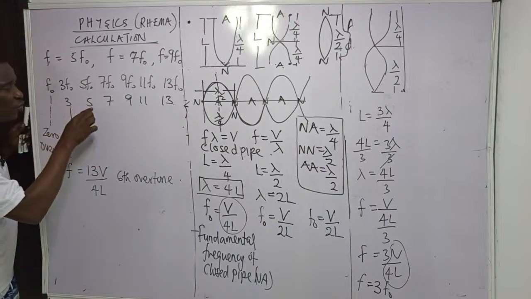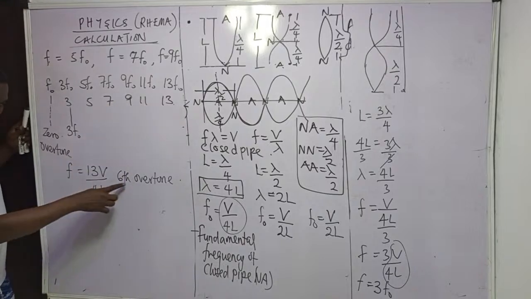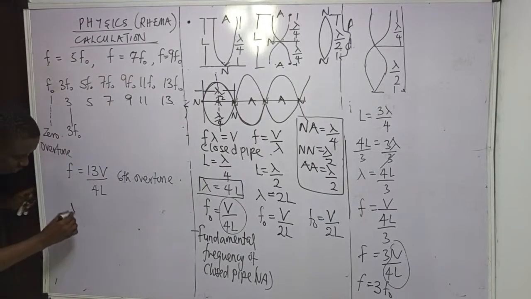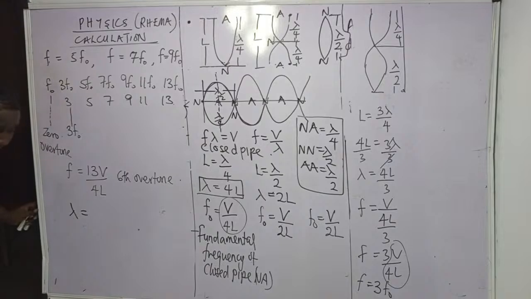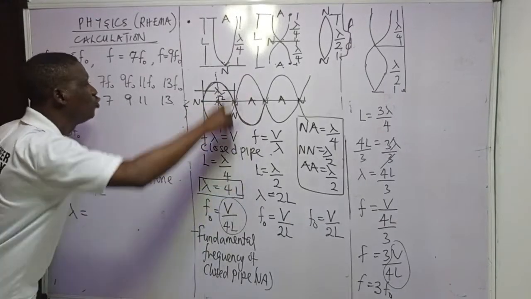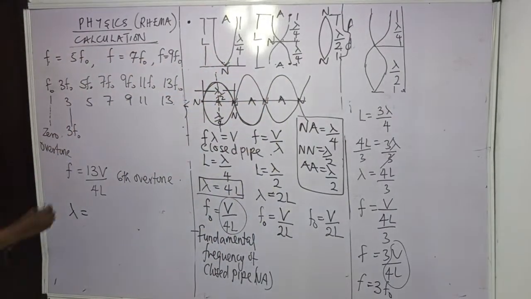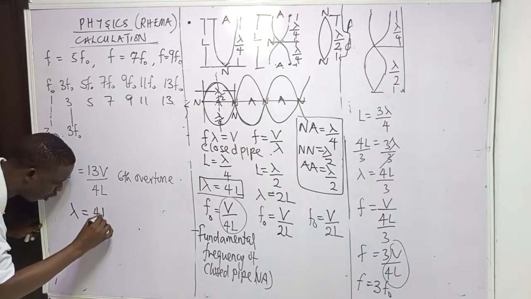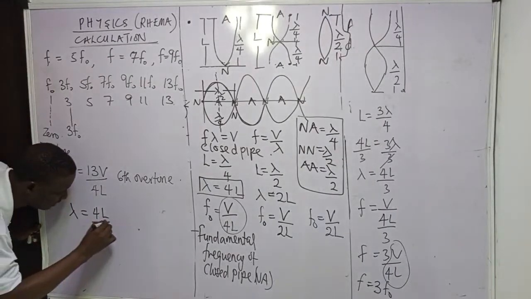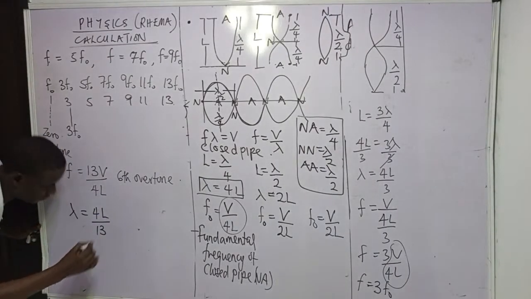So 1, 2, 3, 4, 5, 6. But if they ask me for wavelength, look at the manipulation of wavelength. From this formula, I can get my wavelength. I don't need to go through all this. If you are drawing diagrams in this JAMB, you will waste all your time. So my wavelength will now be 4L divided by 13.